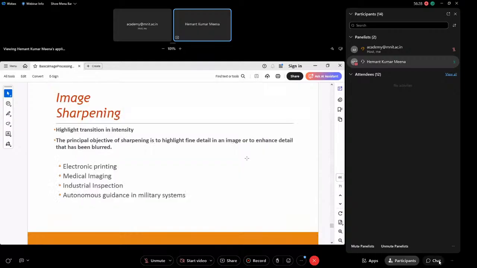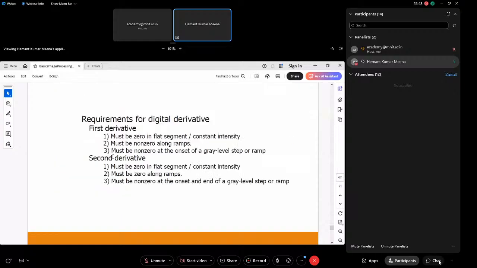Image sharpening. Image sharpening means again we better highlight those edges, highlighting fine detail in an image or detail that has been blurred. Remember how the image got blurred when we applied the mean filter. So you can see the operation I have. Again, it is applied in the same way. Derivative part: in a derivative, what we see is a subtraction between the neighborhood region.